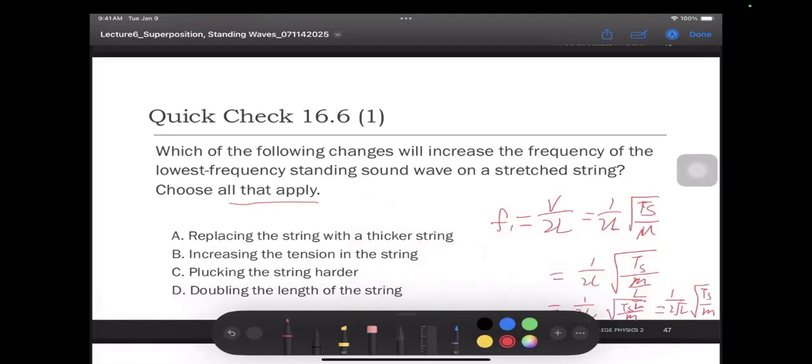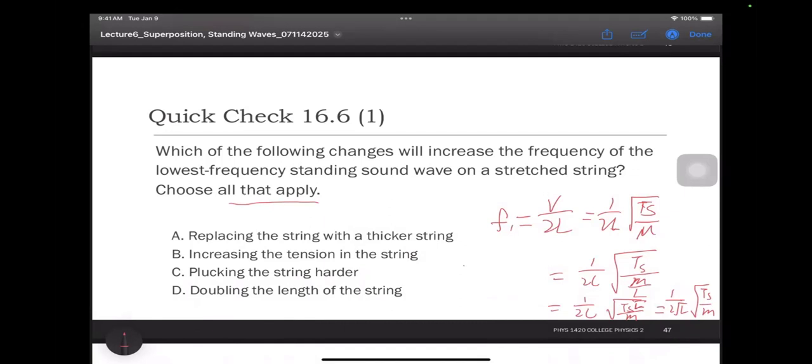So this one should increase, and then the frequency, as you can see here, will decrease. So this one is not right. Increase the tension in the string, which means increasing this one, then the frequency will increase. Am I right? So this one is right.